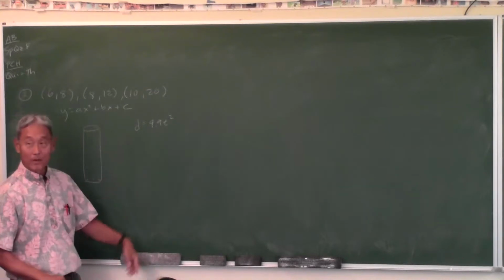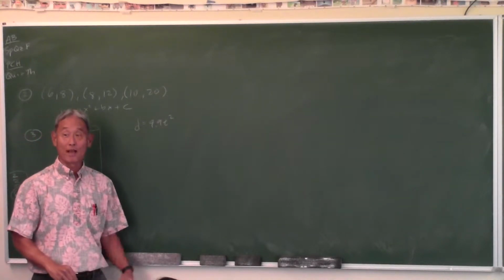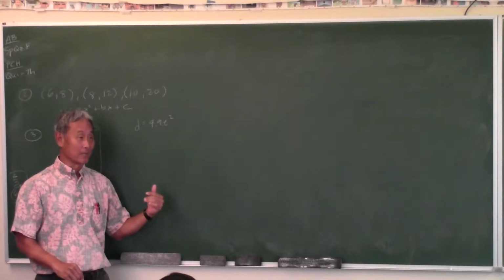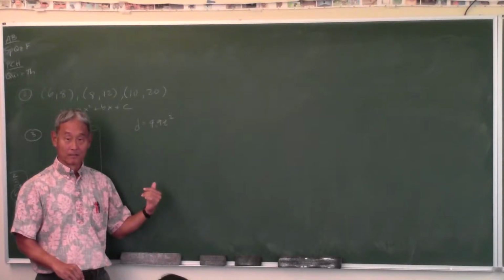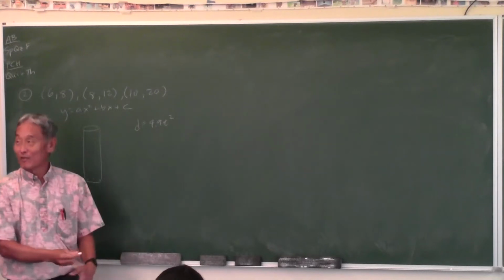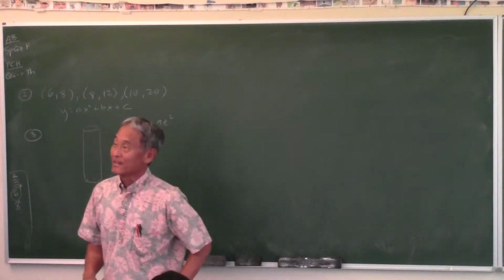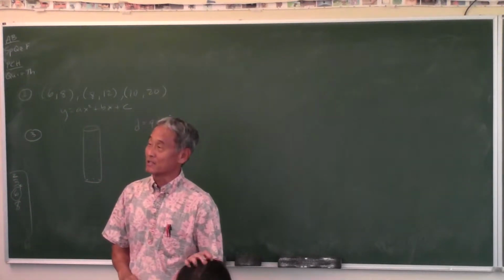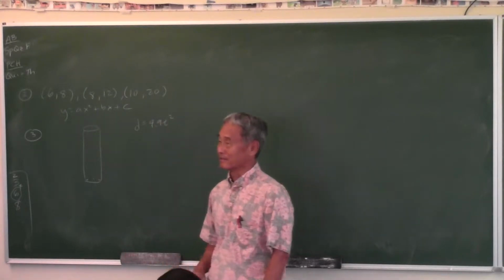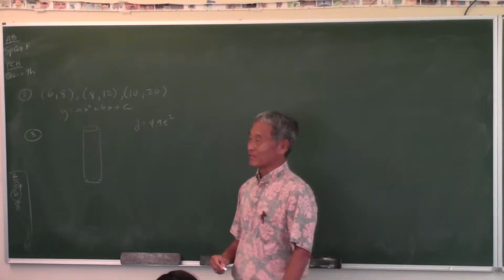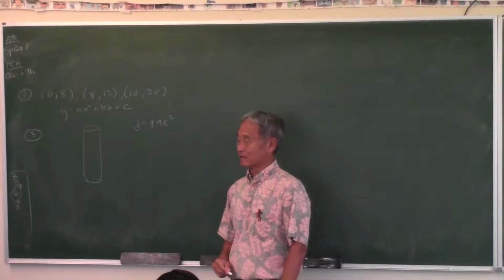Where did this 4.9 come from? Gravity. That's 1/2 g, right? Because g is 9.8 meters per second squared. Whatever, it doesn't matter, I gave you the formula. And then the speed of sound is 340 meters per second. You guys know that from physics as well though, right? Yes.